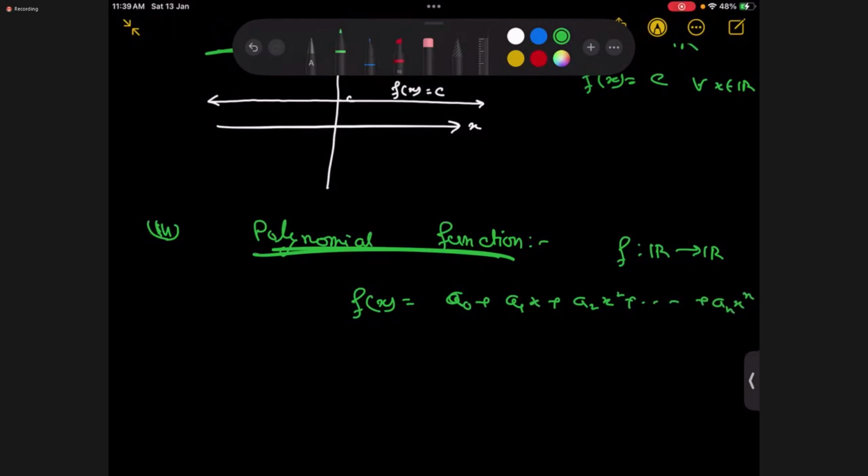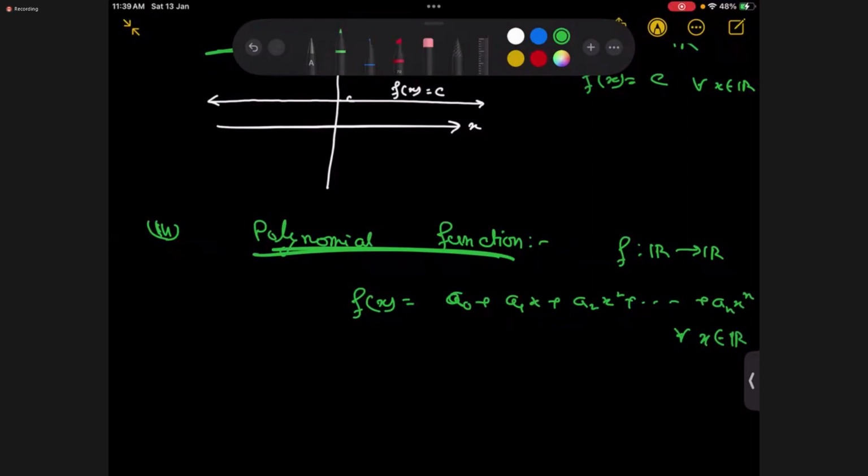So clearly you can see that x is a variable, varying over the set R, for all x belongs to R. The coefficients of these terms, a0, a1, a2, a3 and an, are scalars. I mean, these are fixed constant numbers. We can't change them.